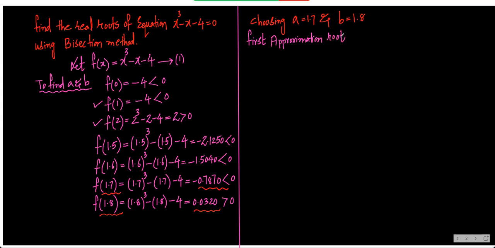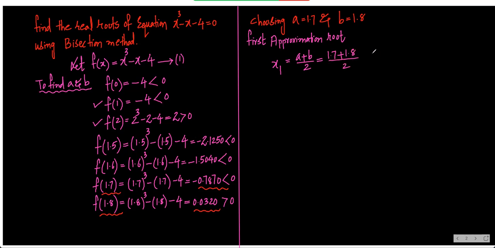First approximation root is x1, according to the formula. The formula is the bisection method, (a plus b) by 2. Now our a value is 1.7. Our b value is what? 1.8, divided by 2.